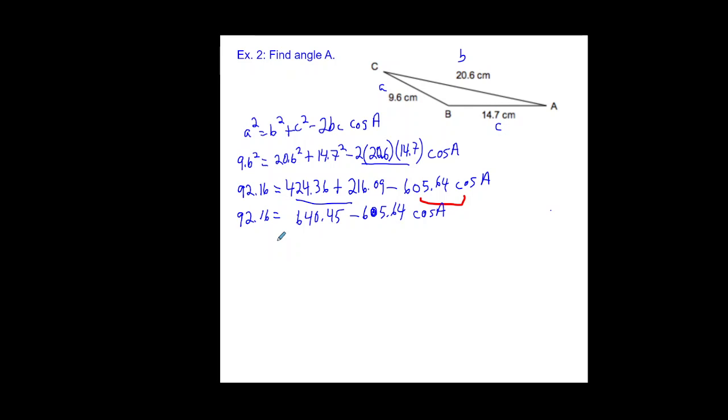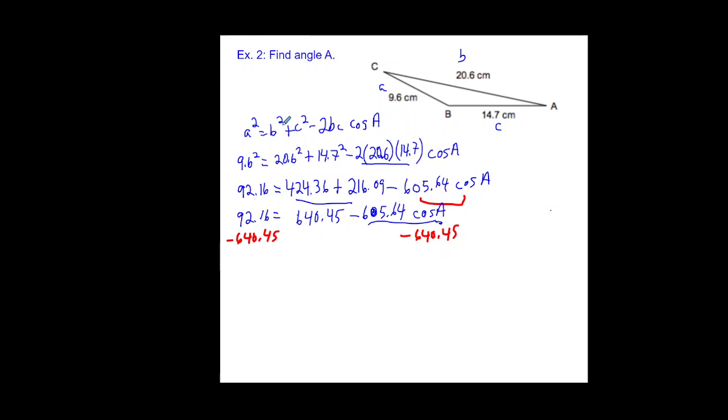All right, so from here, we're trying to isolate A. We're going to slowly peel away the layers. We'll get this term on one side of the equation by itself. So to do that, I'm going to subtract 640.45 from both sides. Again, I'm just writing down what we're doing here so you can see it mathematically rather than just hearing it in words.